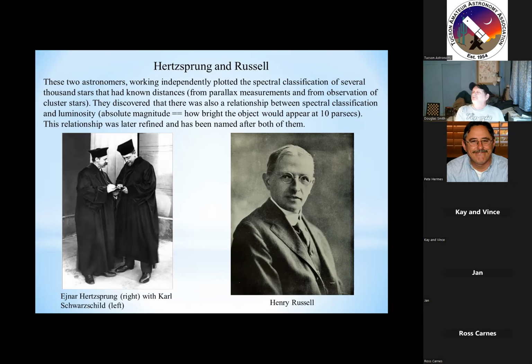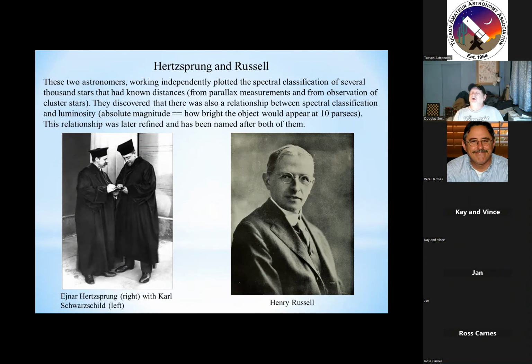Because they had measured distances, and they had the spectral classification, and they had apparent magnitudes for the stars, and since they knew the distance from parallax, they could deduce what the luminosity was, and they eventually found that there was a relationship between spectral classification and luminosity.